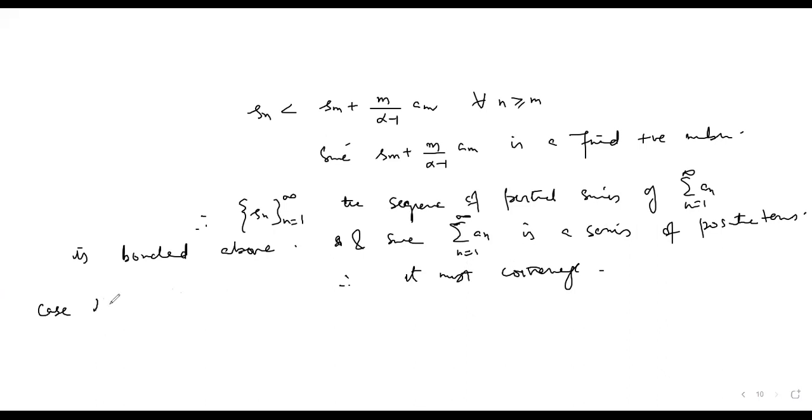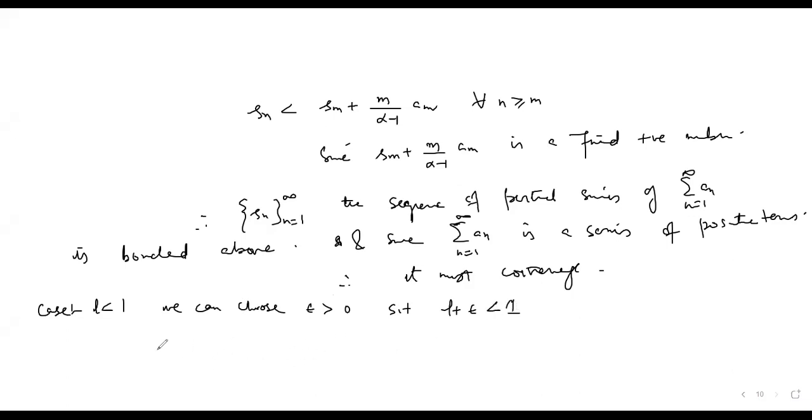case second, if L is less than 1, again जैसे कि हमने इससे पहले किया था, then we can choose epsilon positive such that L plus epsilon is still less than 1.